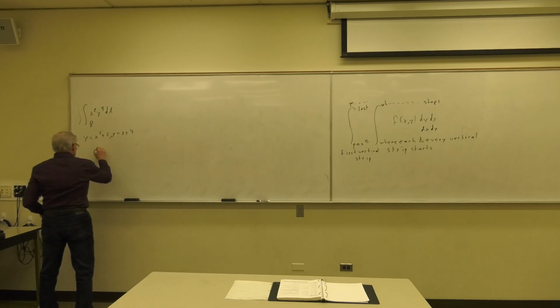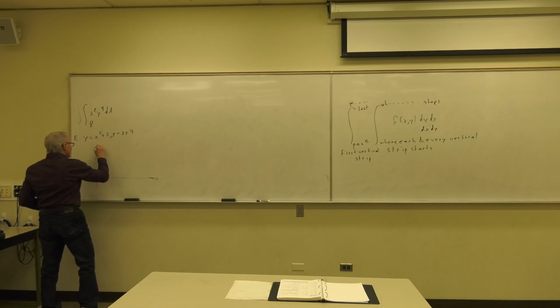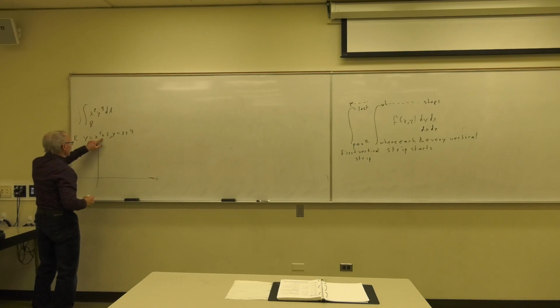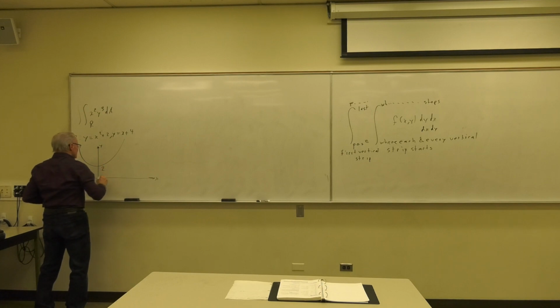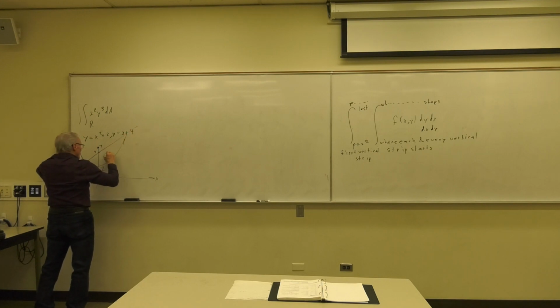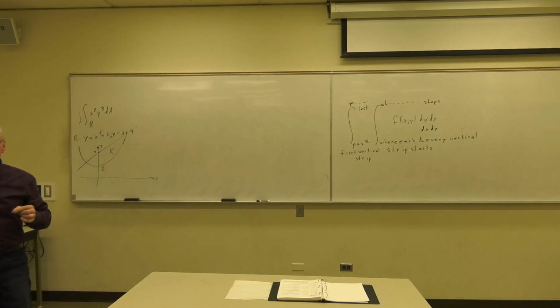Let's draw the region. We have y equal to x squared plus 2. That's a parabola opening up, shifted up 2. Then we have a straight line that crosses at 4, and it's got a slope of 1. So there's my region in there. That's what we're integrating over.